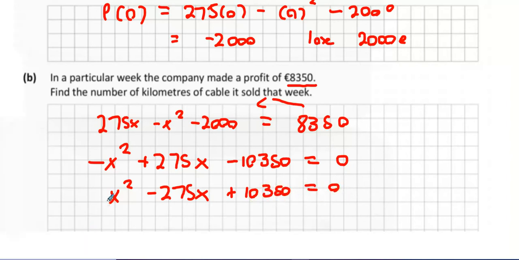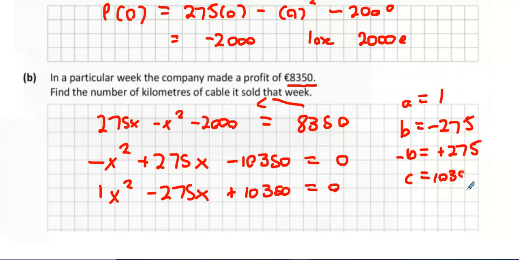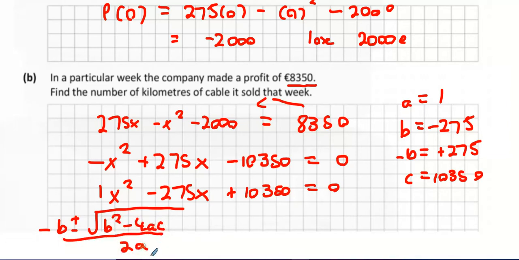Okay, so where a equals 1, b equals minus 275, minus b, however, will equal plus 275, and c will equal 10,350. Please remember the minus b formula, all over 2a.